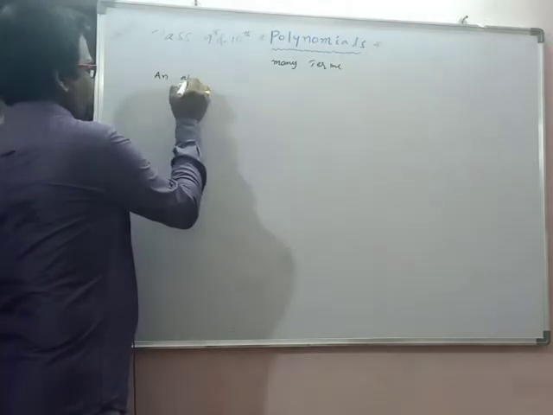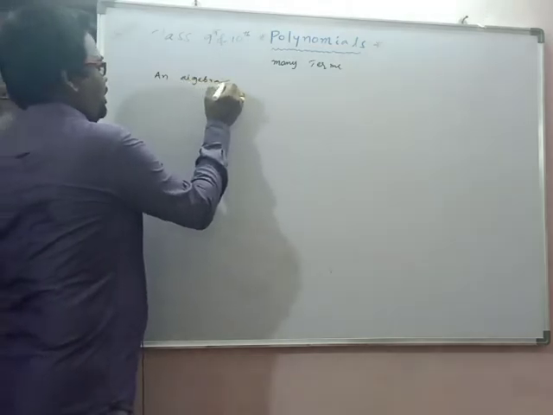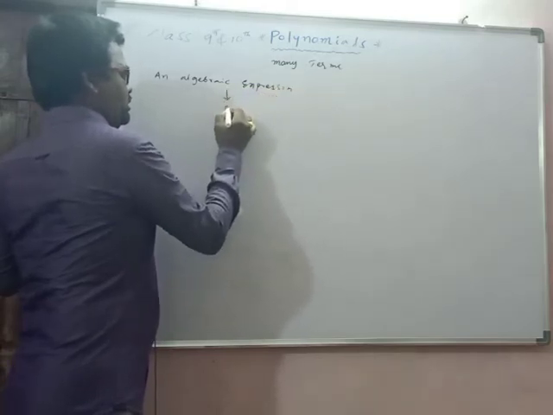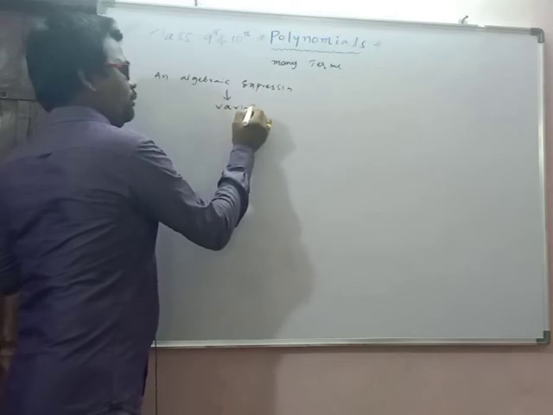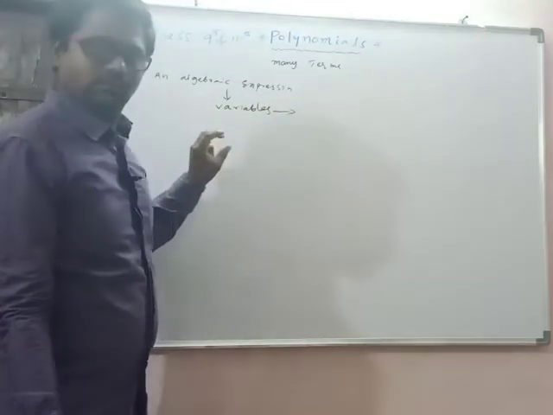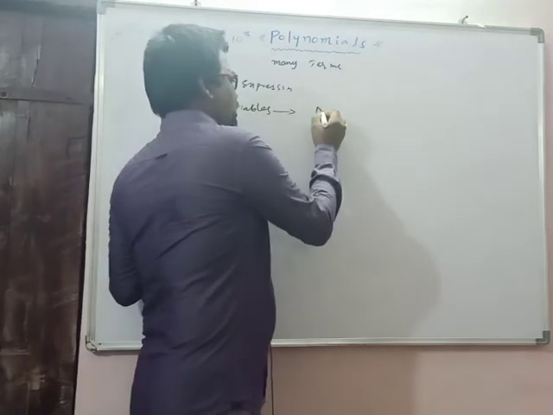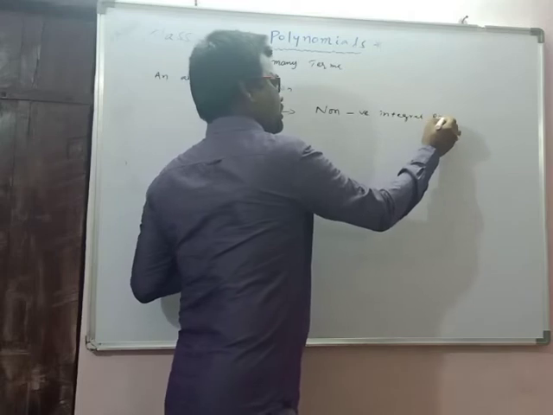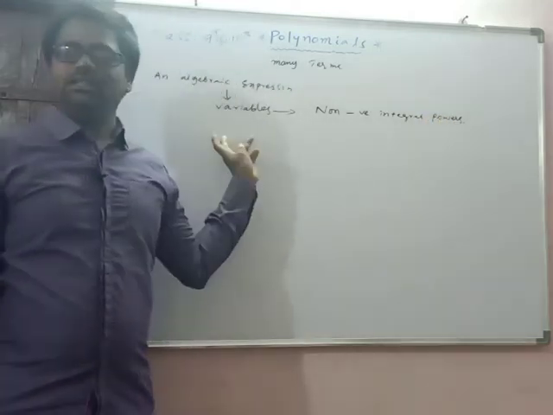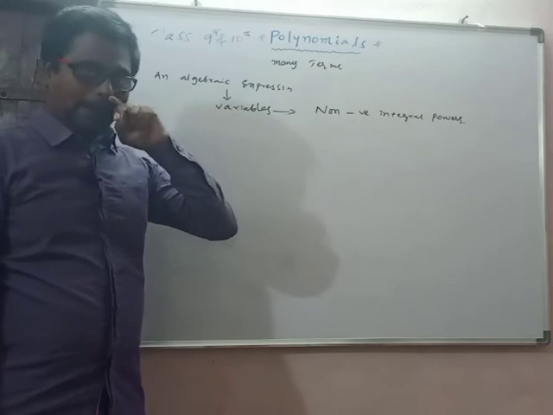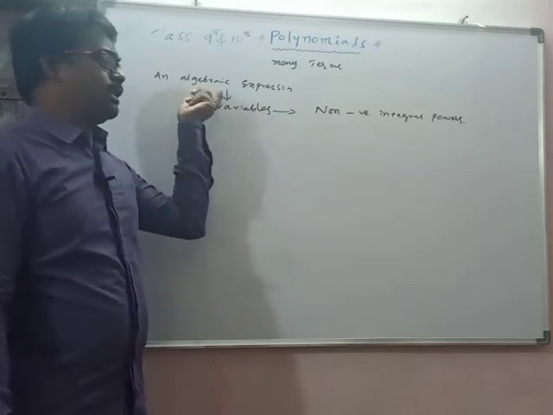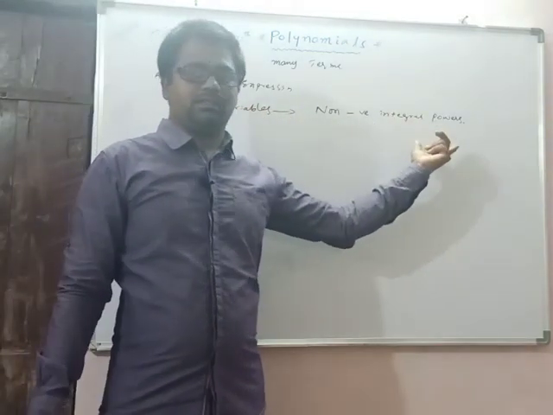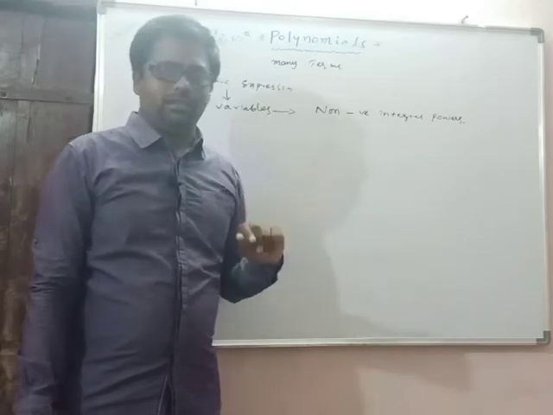An algebraic expression involving variables with non-negative integral powers is called a polynomial. Once again, listen: an algebraic expression involving variables with non-negative integral powers is called a polynomial.